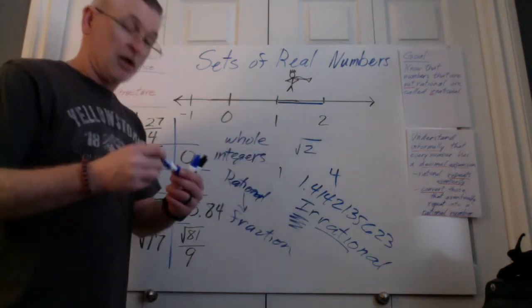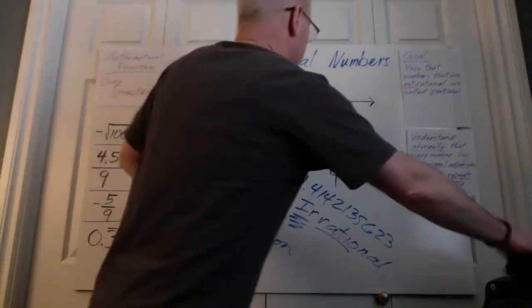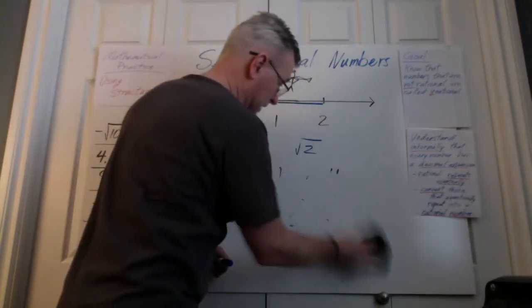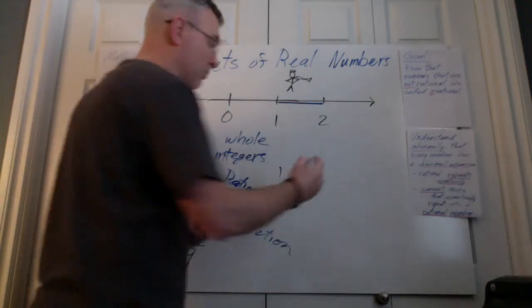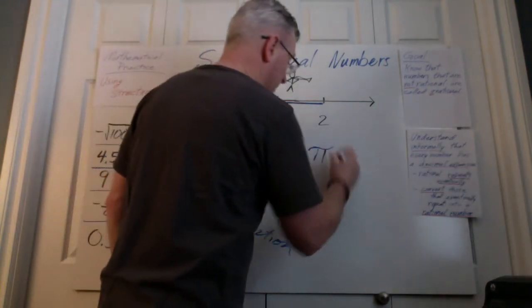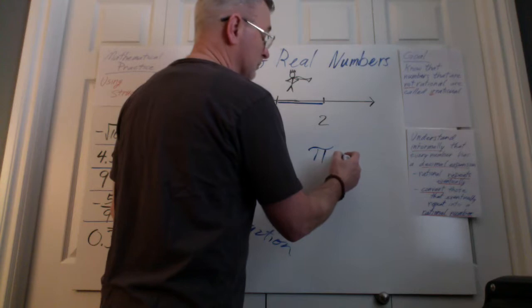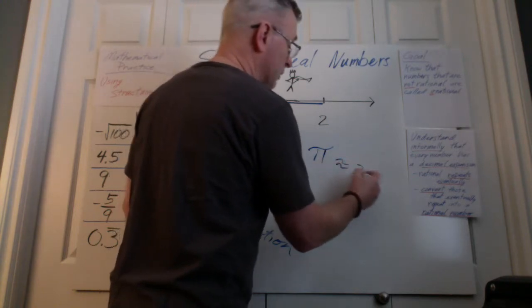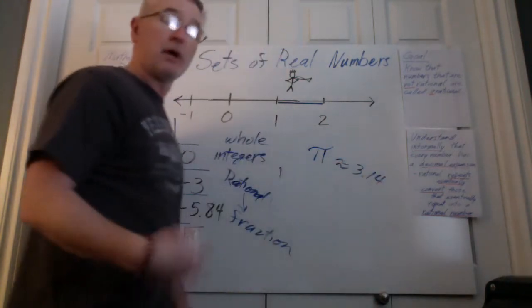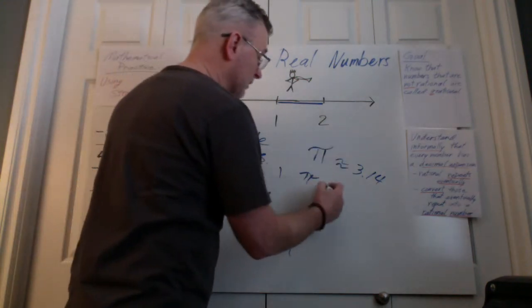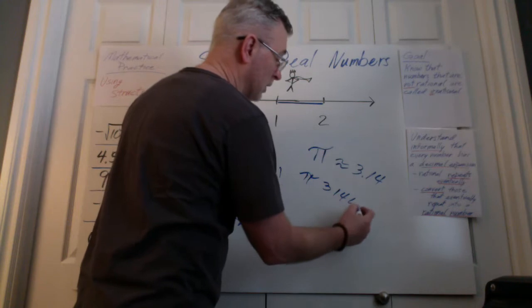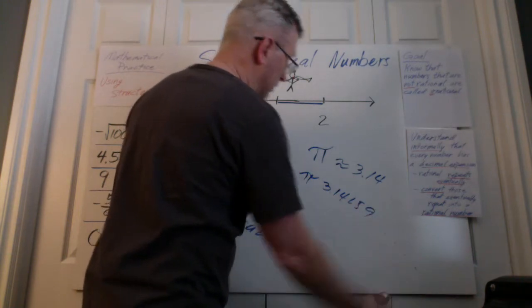A number that you guys have been using a very long time is pi. Well, it's approximately equal to 3.14. The reason we use an approximation of 3.14 is because pi is really 3.14159, whatever it is.